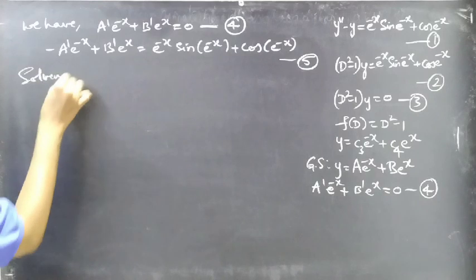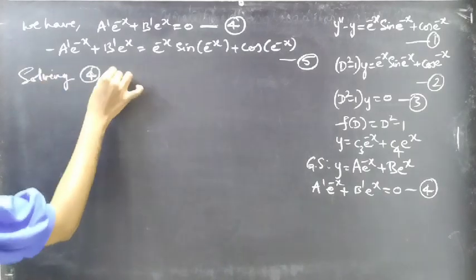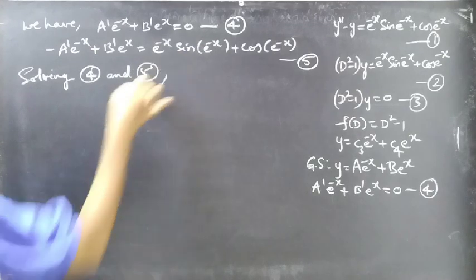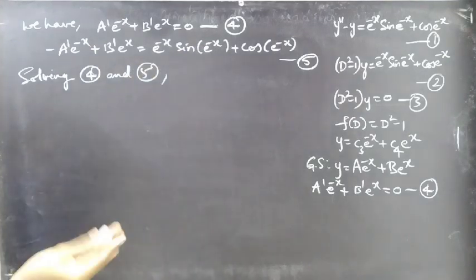We have equation 4 and 5. Now we are going to solve equation 4 and 5 to find a dash and b dash firstly.